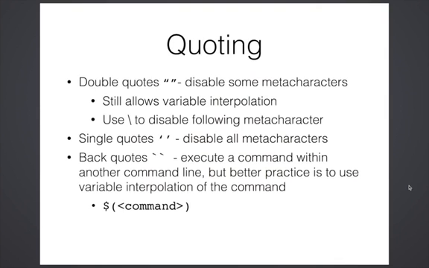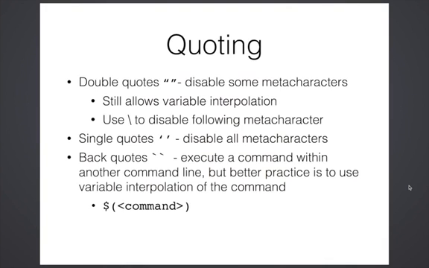If there is a subset of characters that you don't want to interpolate, you can quote them with double quotes, and you still expand your shell or environment variables. If there is, say, a special character in that command that you don't want the shell to interpolate, you can use a backslash to disable the character immediately following it, causing it to not be interpreted by the shell.